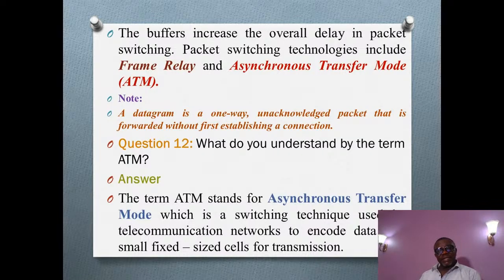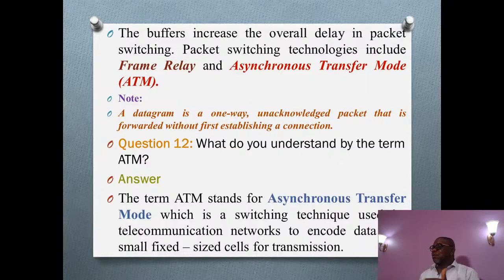So, a datagram, it's important for you to know this, is a one-way, unacknowledged packet that is forwarded without first establishing a connection. Any one way. Whether it fails or it doesn't fail, whether it is delivered or not delivered, it doesn't matter to the protocol.